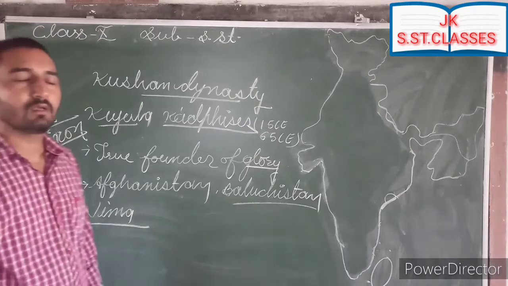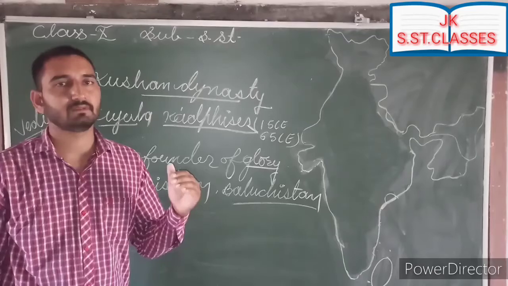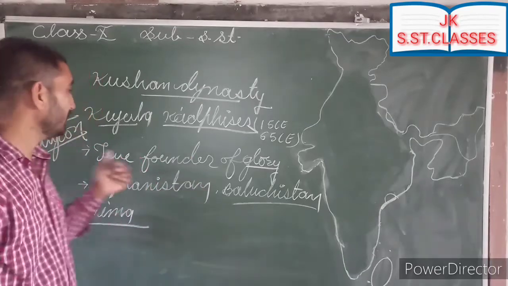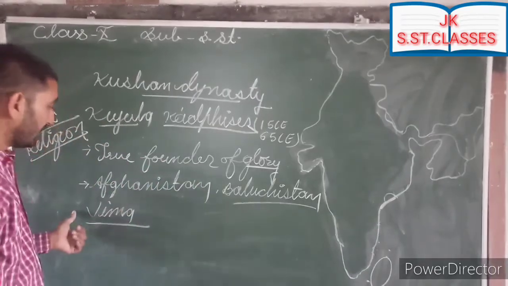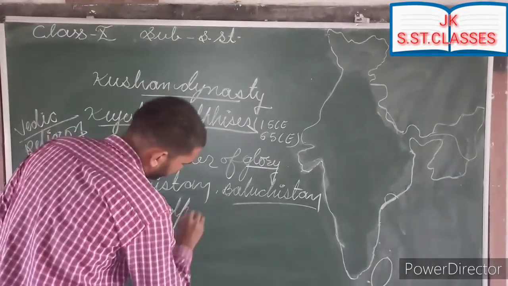Means after becoming a ruler, he became part of Indian religion by adopting the Vedic religion. Okay, after his death, the next ruler was Vima Kadphises.